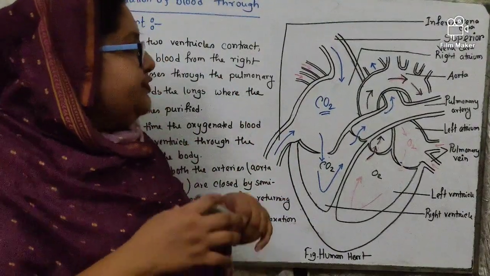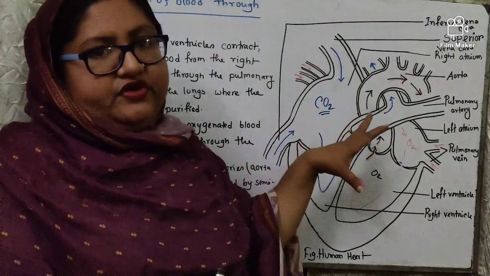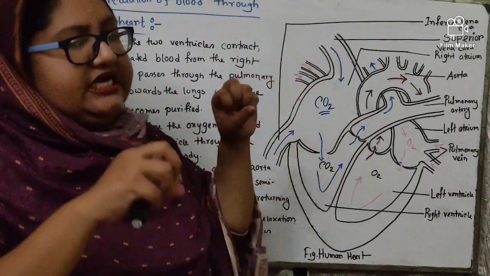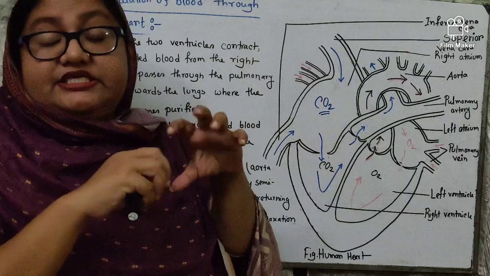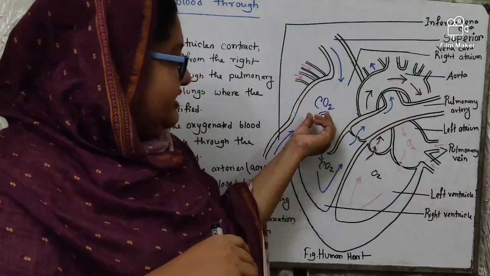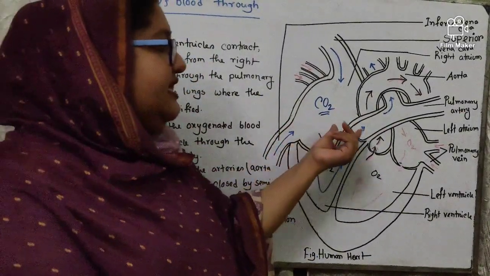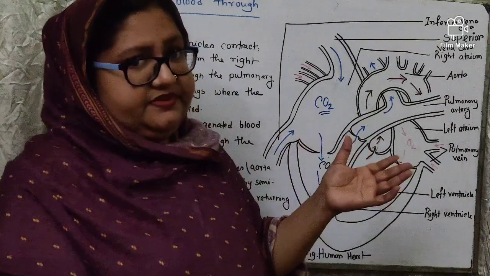Now, if we want to sum up the whole process, at first the atrium relaxes. Then the carbon dioxide enriched blood and oxygen enriched blood enter into the right atrium and left atrium respectively.